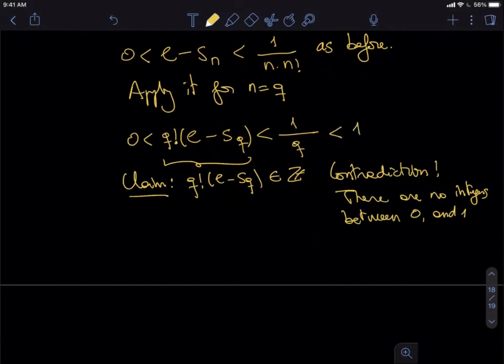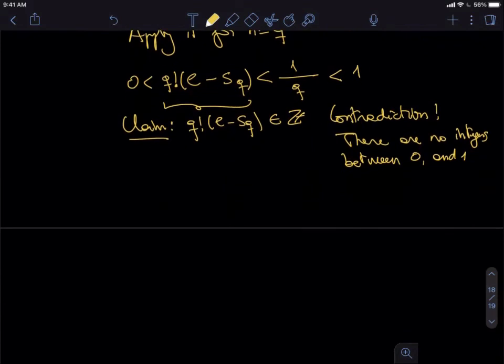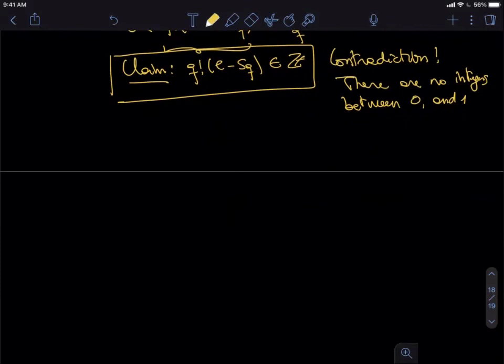So let's work on this claim. If we get this claim, we get the proof. But it's actually quite straightforward. We need to look at both q factorial e and q factorial s sub q. Actually, let's do them in order.